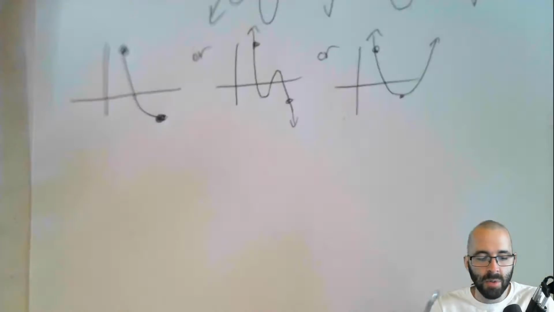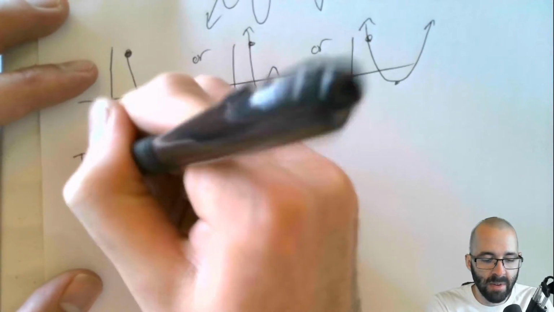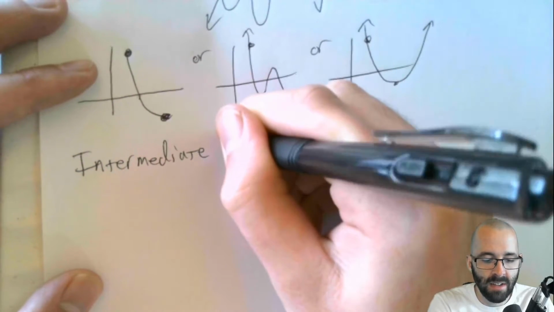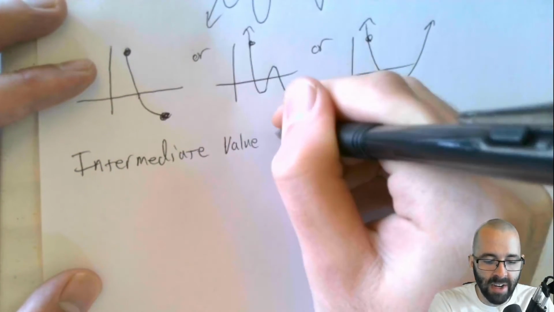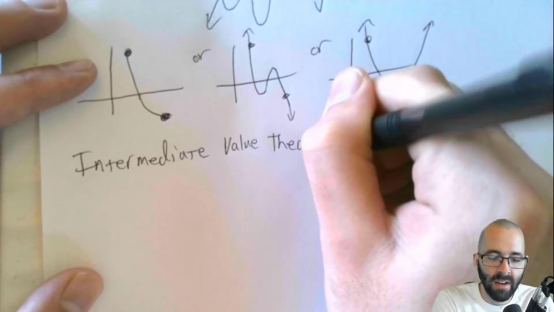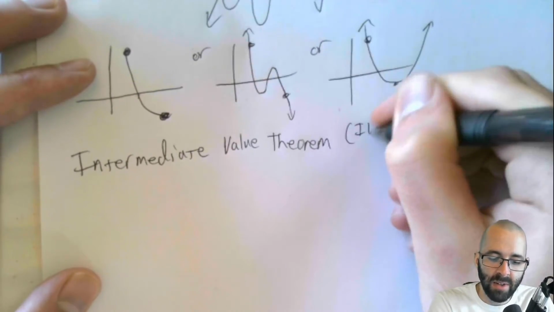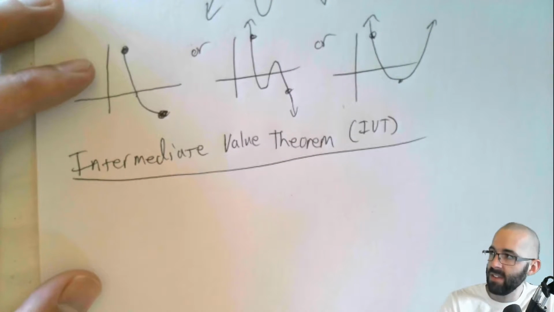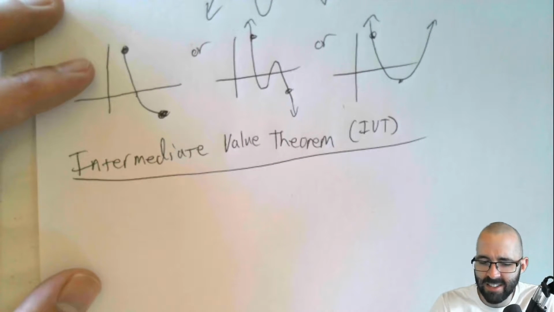All right, so let's state the intermediate value theorem. And I hope you enjoy seeing me write this because I will never write intermediate value theorem ever again for this class. I'll always write IVT. This is a very common abbreviation for this. A lot of my abbreviations I just use for myself, but this one's super common.